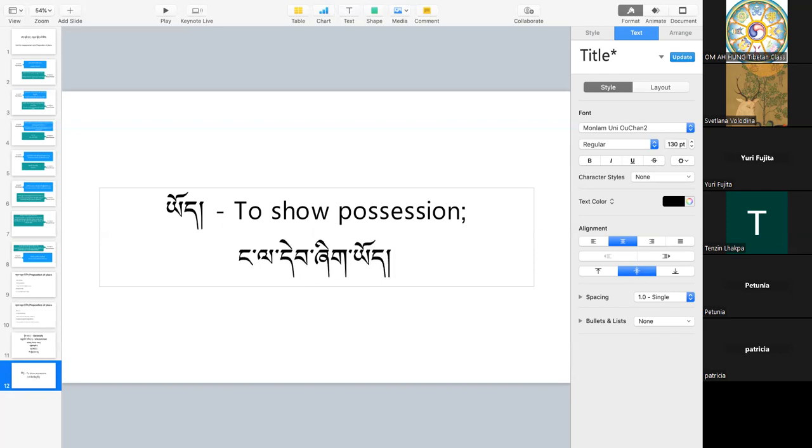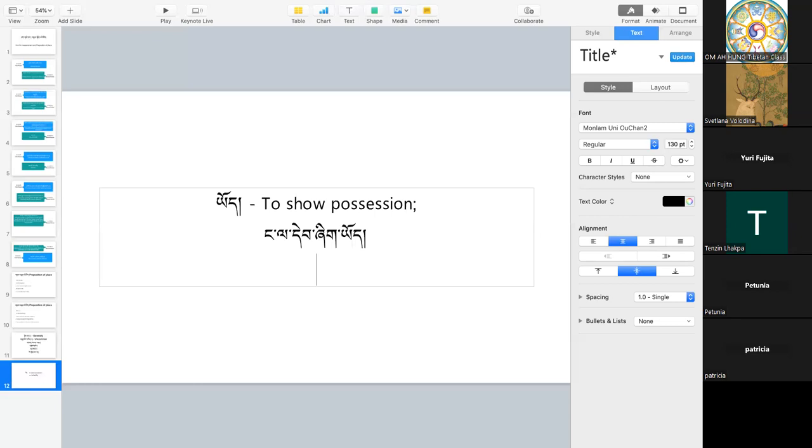We have already discussed that. In that case, it is yö. And this will be the case if it is the third person.